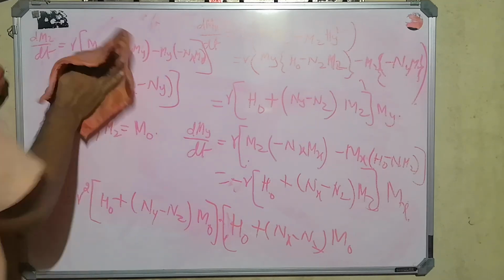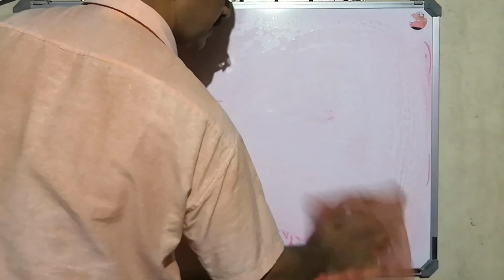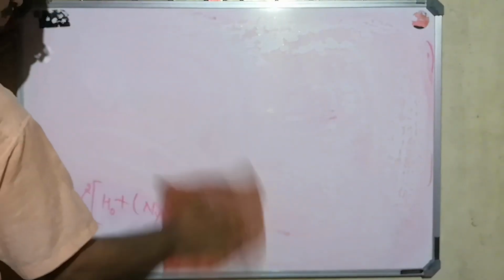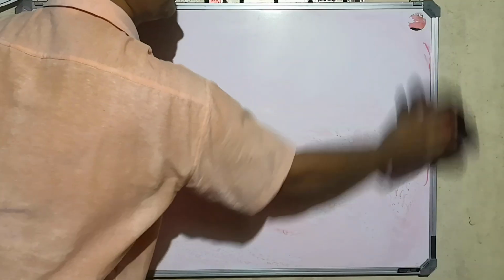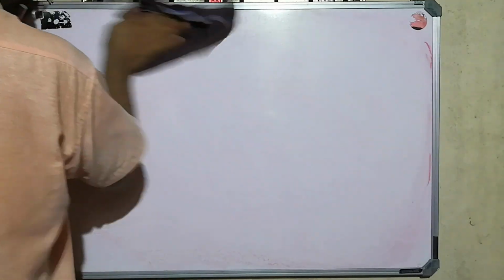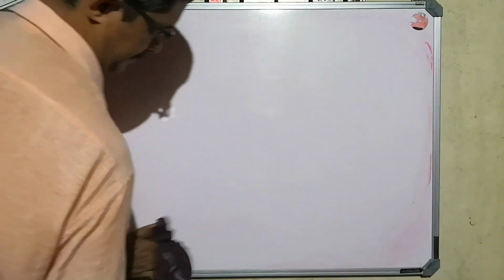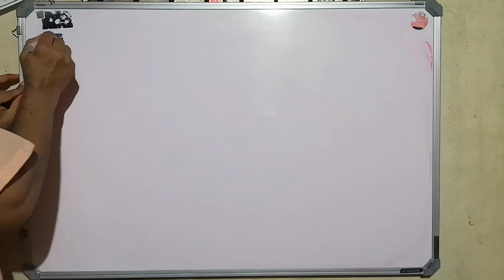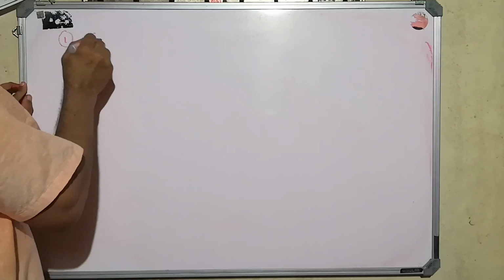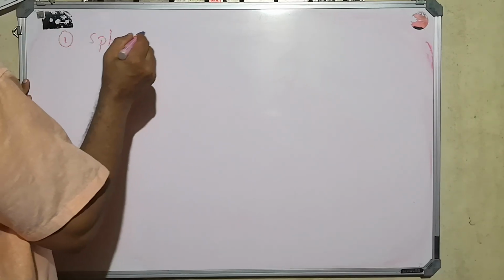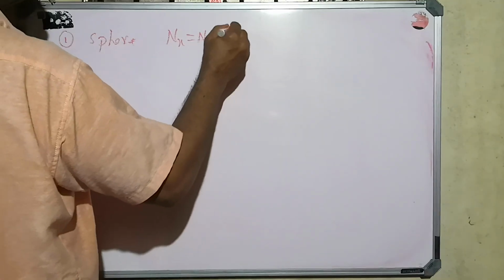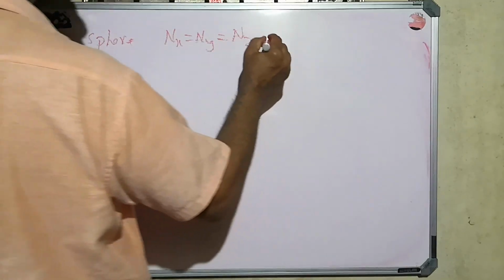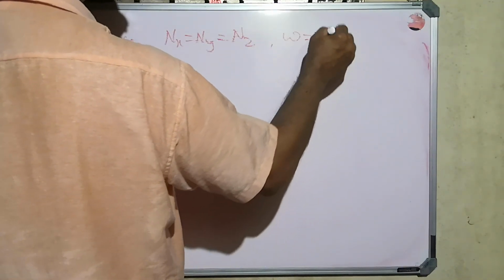As already told, when the shape changes, the resonant frequency also changes. So if the specimen is in the form of a sphere, the demagnetization factors nx is equal to ny is equal to nz, then omega is equal to gamma into h naught.